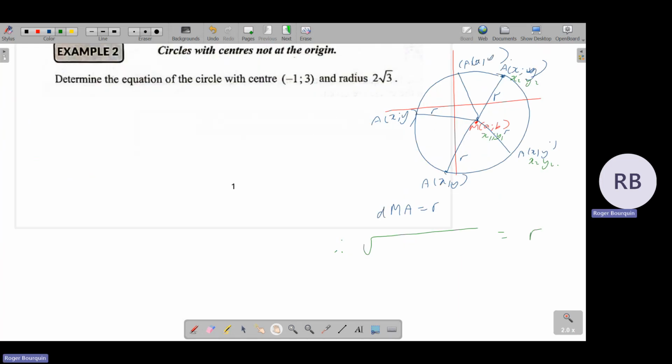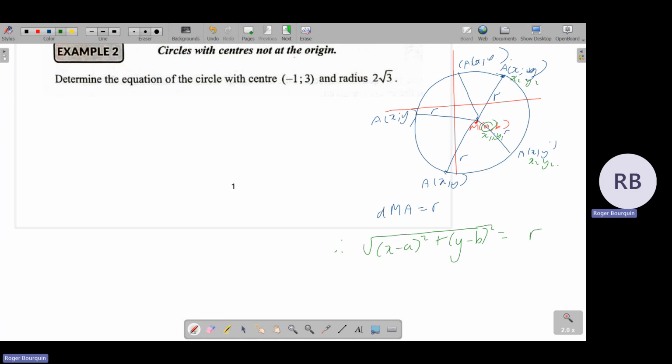It's going to be x minus a, squared, where a is the x coordinate of the center of the circle, right? Plus y2, which is y, minus y1, which is b. So the square root of x minus a squared plus y minus b squared will always be equal to r, because it's on a circle. The distance between M and A is consistently r, if it's a circle.